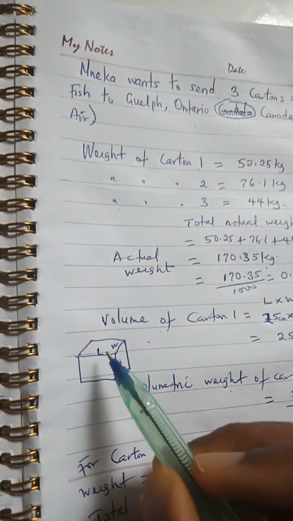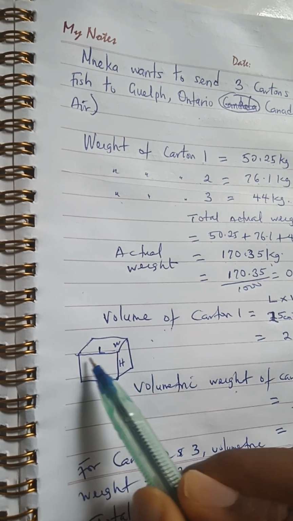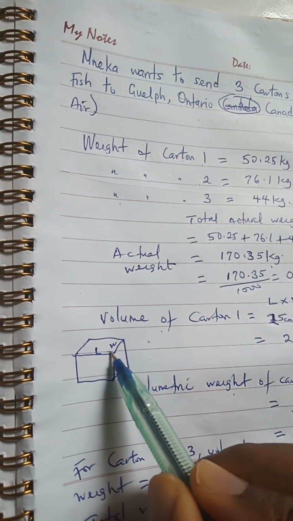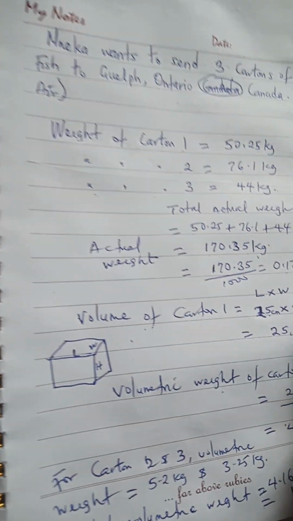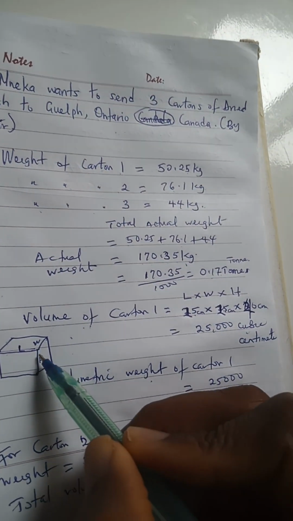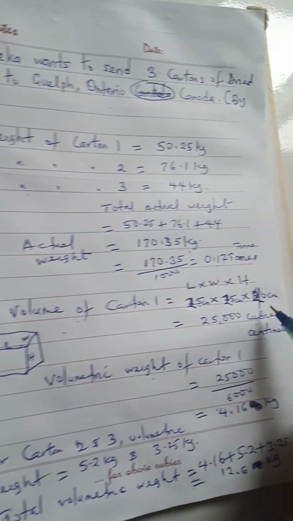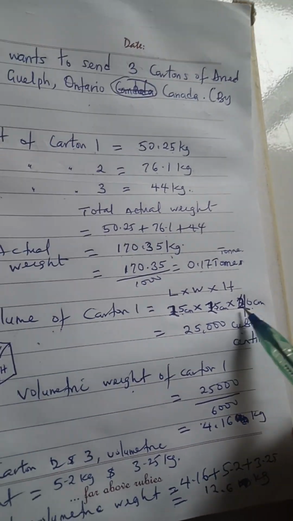So you measure the length. Let's assume the first carton, we measure this length, it is 25 centimeters. You measure this width, it is 25 centimeters. And you measure this height, it is 40 centimeters. So you now multiply the three together.